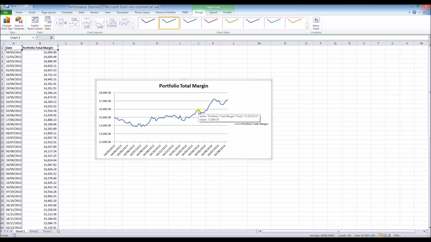So for example, just eyeballing this chart, the value of the portfolio is at 15,904 on the 31st of March 2014. Then it goes down to the next data point in April, and then again, so 7th of April, then 14th of April. They're all negative months, so that is one whole drawdown there.